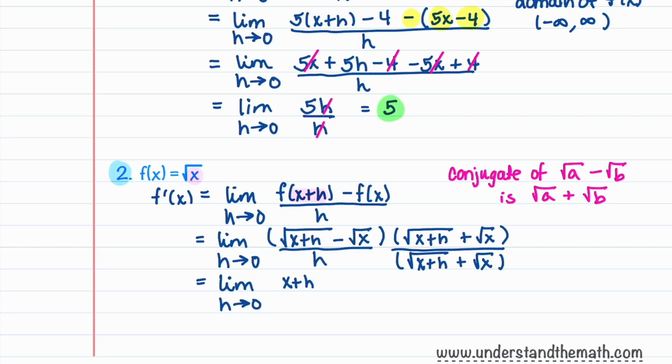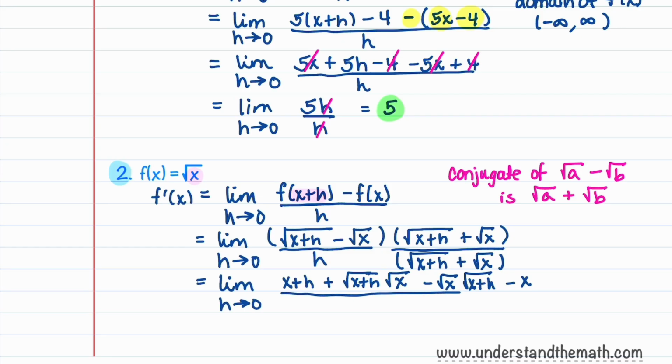And now we're going to multiply the outer terms. So this is the square root of x plus h times square root of x. Now we multiply the inner terms, which is minus root x plus h. And then we multiply the last terms, which gives us a minus x, because that's square root of x times square root of x.